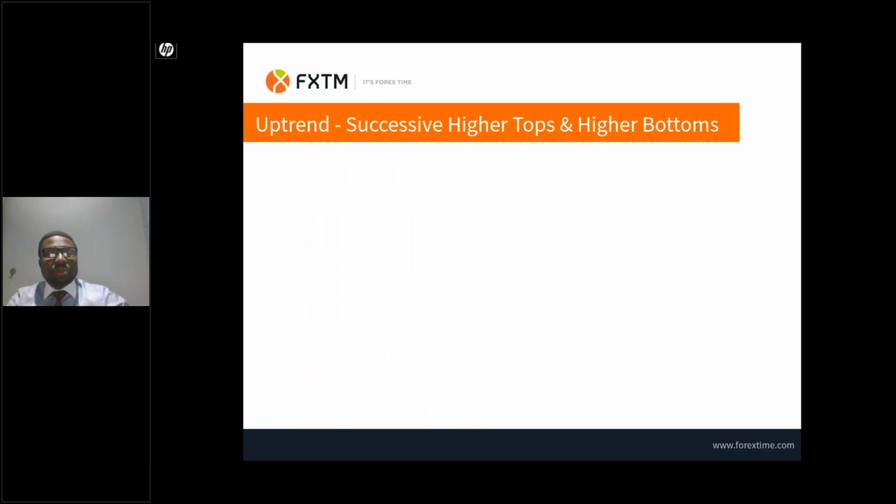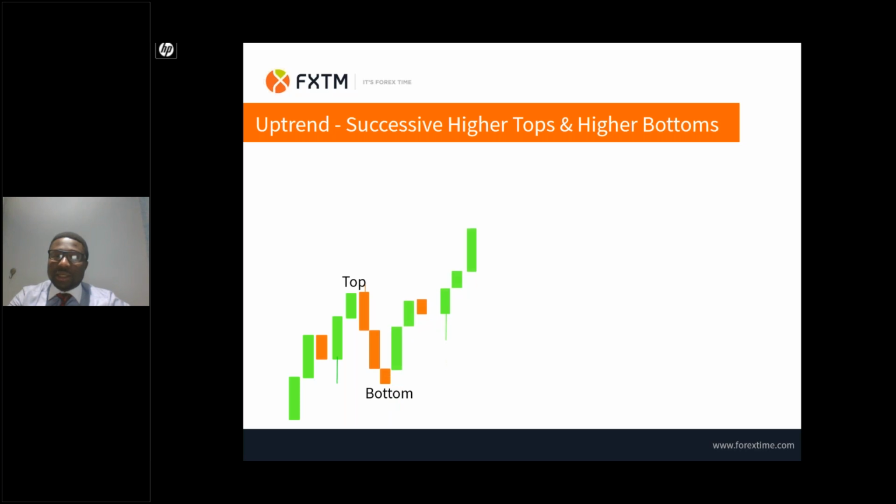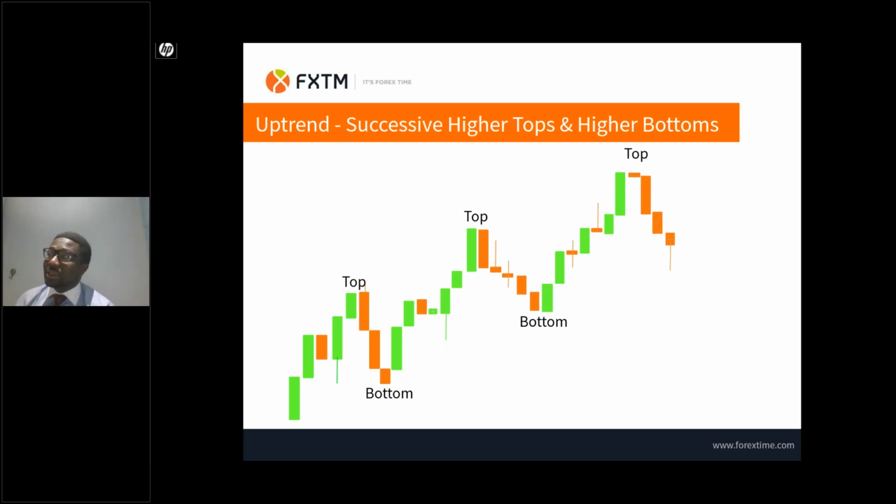All right, uptrend. What is an uptrend? An uptrend is defined by successive higher tops and higher bottoms. That is to say, we have tops and bottoms in this manner. It might not look exactly like this, but the point is it is creating higher tops.